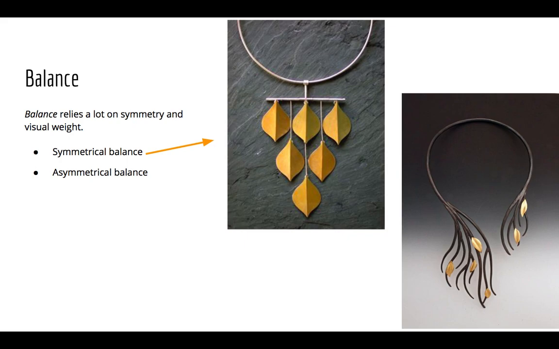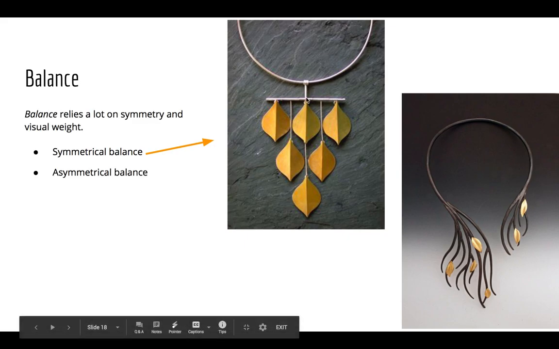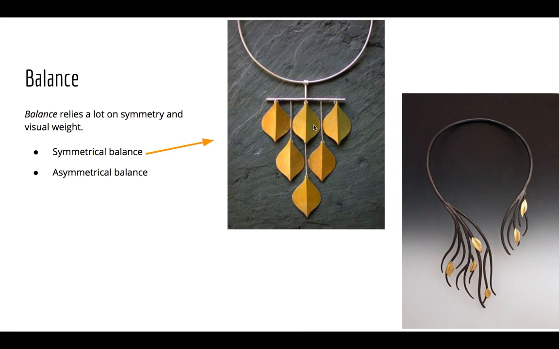If you were to cut it in half, it'd be exactly the same both ways. And that way it creates this sense of balance because we have the same happening. And not only is there symmetry from half and half on the whole necklace, but also each piece on here has symmetry. So there's a lot of interesting things going on there.